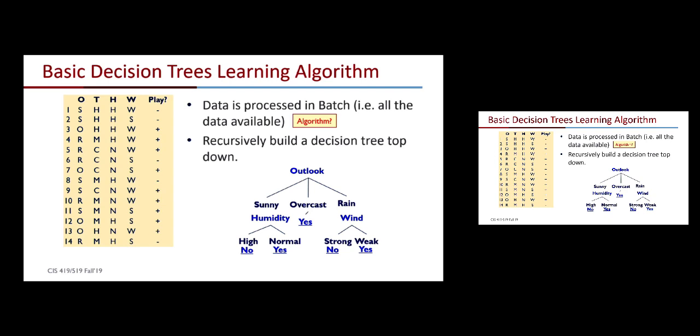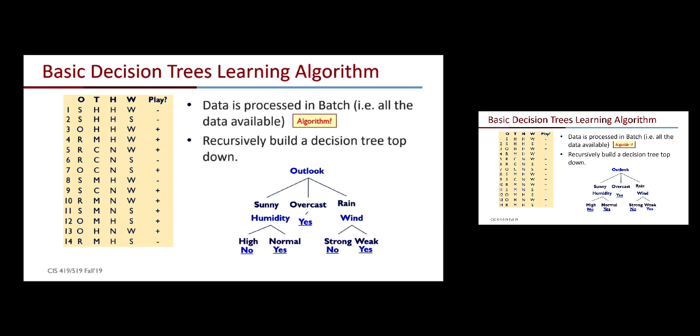If it's sunny, go to the left. Now you're basically only thinking about those examples for which outlook is sunny. Check the humidity feature. If it's normal, say yes. If it's high, say no. That's how we read it. And given this representation, every example that you'll give me, I'll be able to classify it into yes, no.